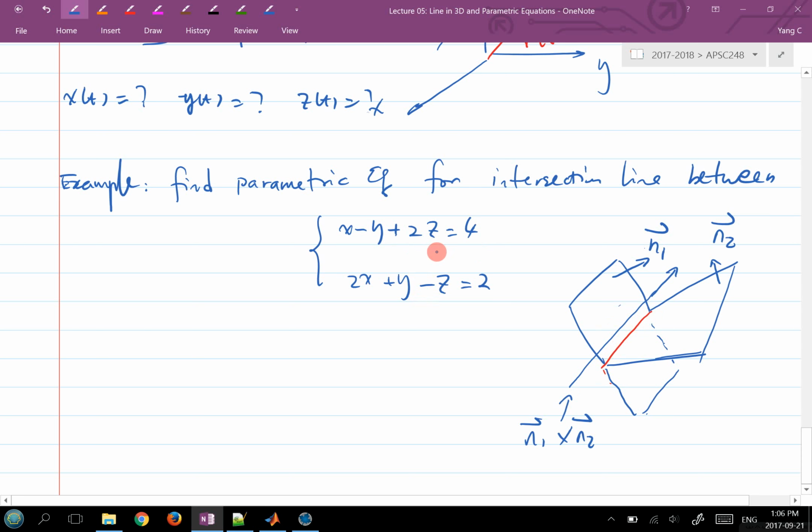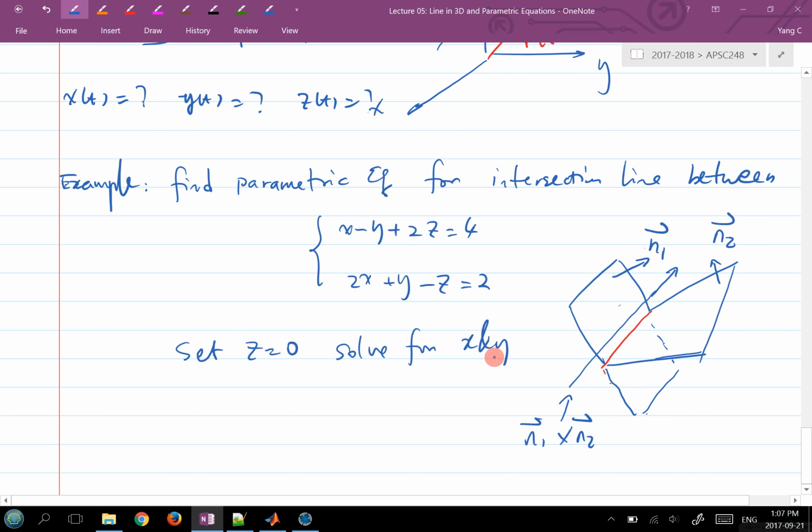One way to simplify is to set one of the variables to be 0. Then you end up with two variables, and you solve for the other two. That gives you one point on the line. For example, set z equal to 0 and solve for x and y.